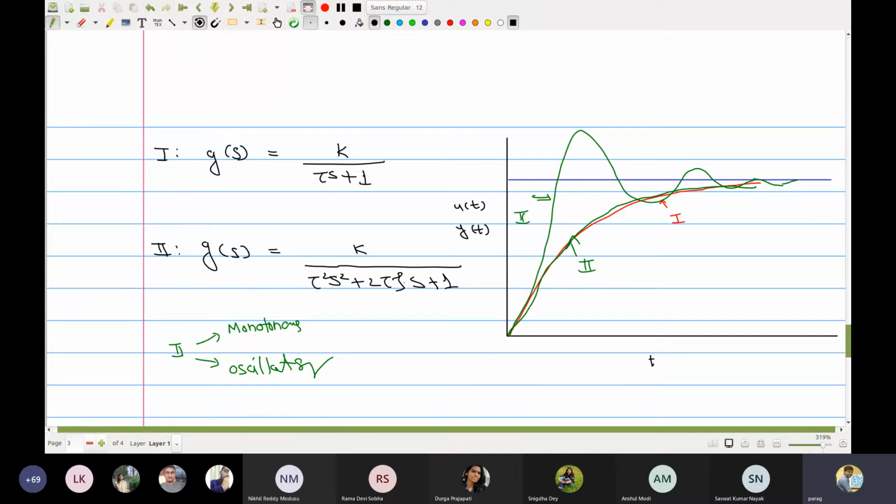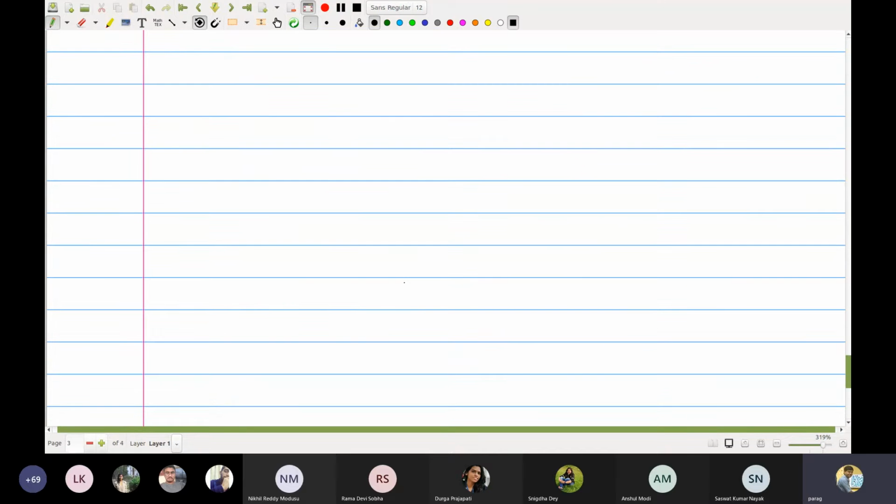So what is the difference in the behavior? Let's see. How will you solve for this? You have y of s upon u of s equal to k1, k2. I have clubbed it as single variable k upon tau 1 s plus 1 tau 2 s plus 1.